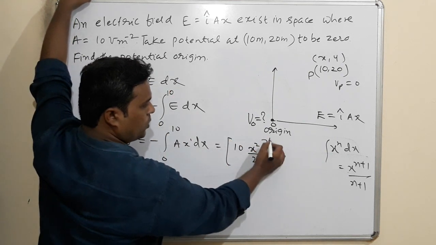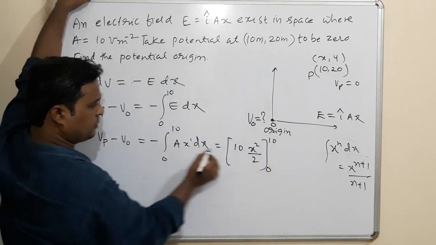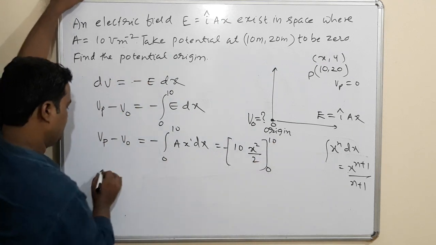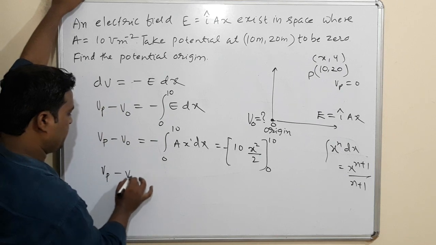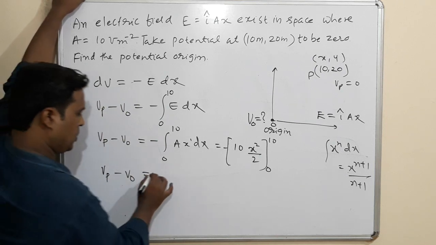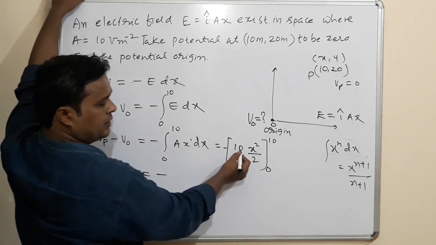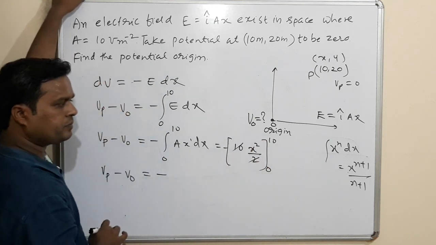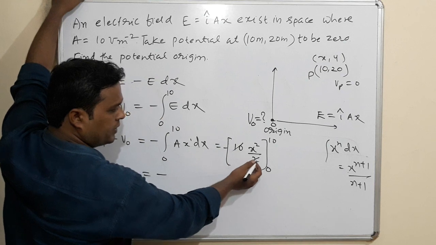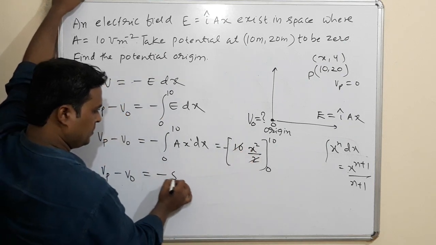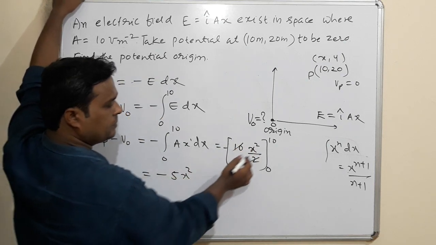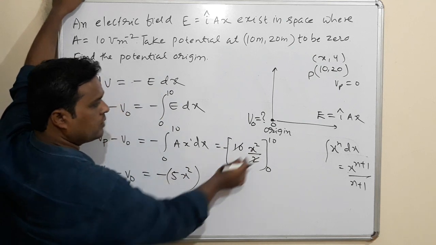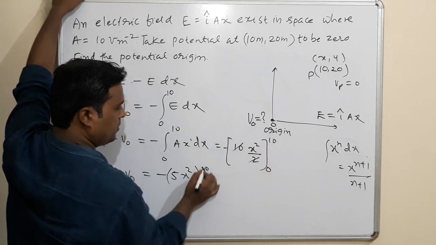Then it will be 0 to 10. This minus sign will be here. Then Vp minus V naught is equal to minus of 10 x square by 2, which is 5x square with limits 0 to 10.